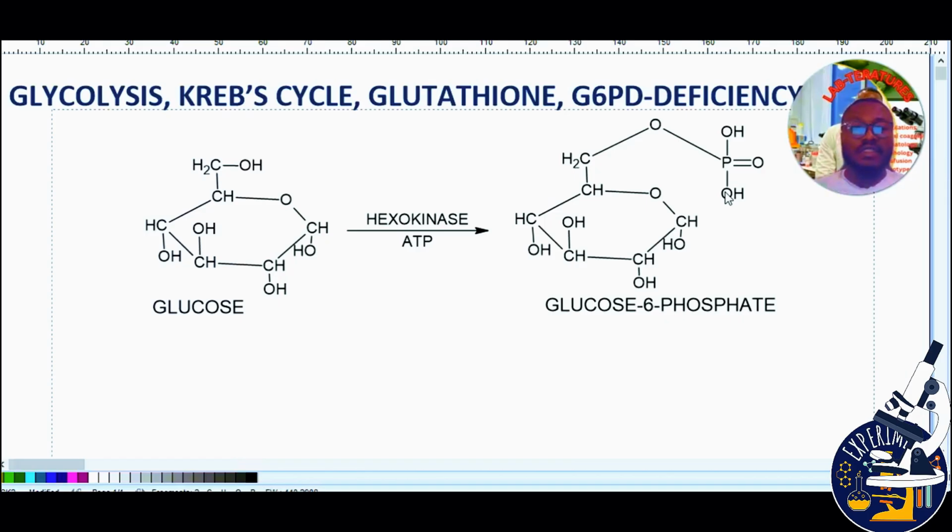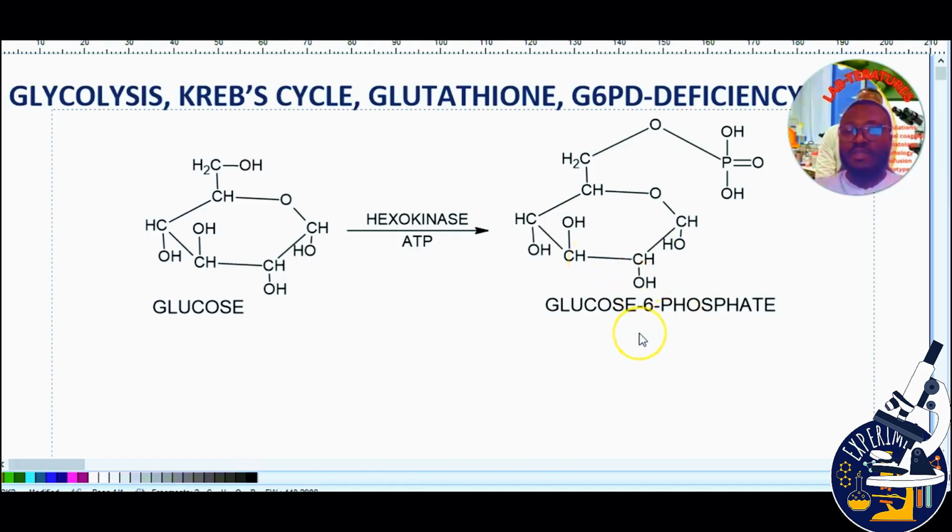But once there is an extra group added to the glucose structure, it's not going to easily leave the cell, because it will be repelled by the phospholipid bilayer, and it's also not going to be recognized by the transport channels. And of course the phosphate group also makes this glucose more reactive in the glycolysis pathway, making it easier to produce the later energy.